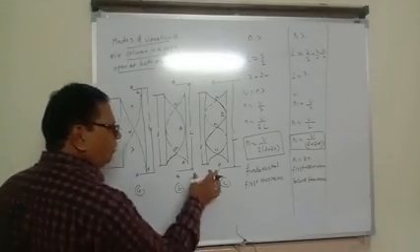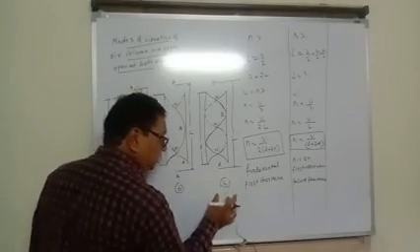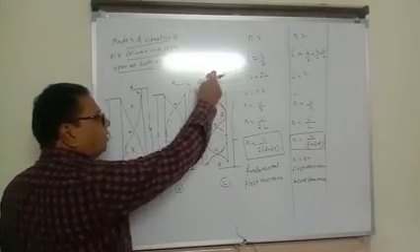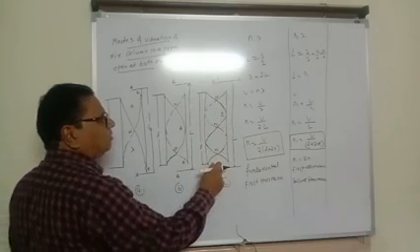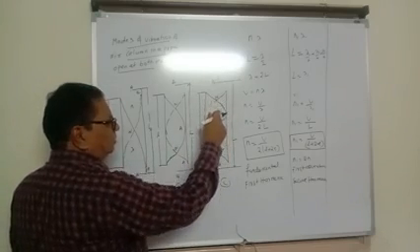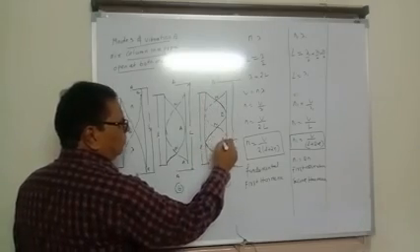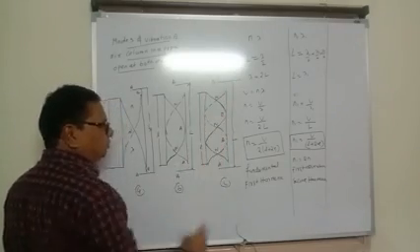The next mode of vibration is shown in figure C. It consists of 4 antinodes and 3 nodes.